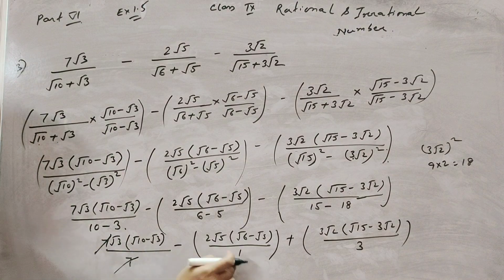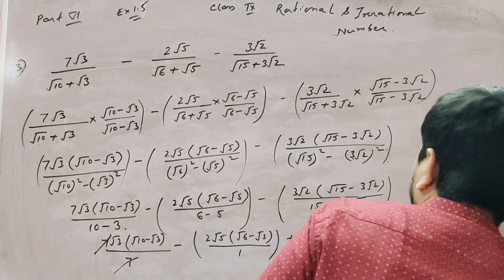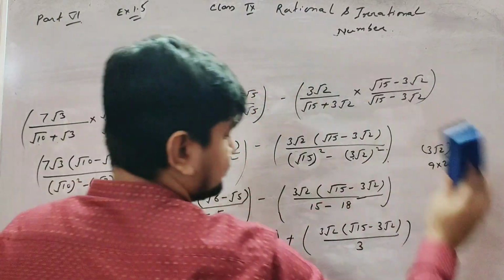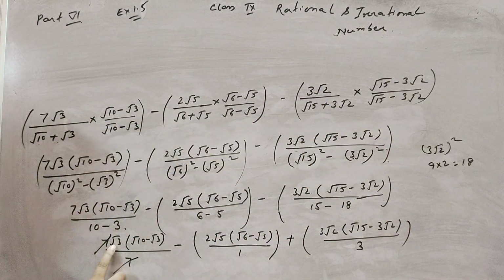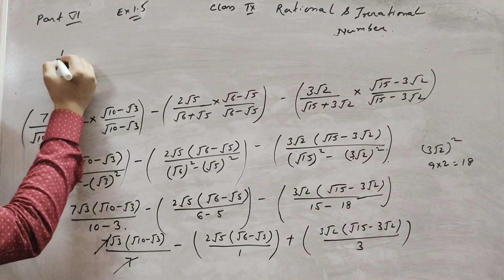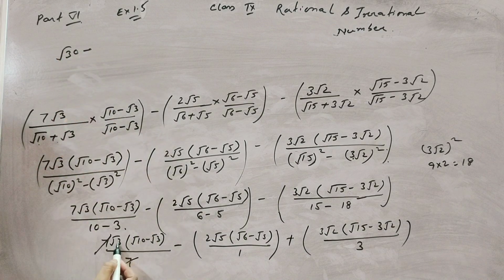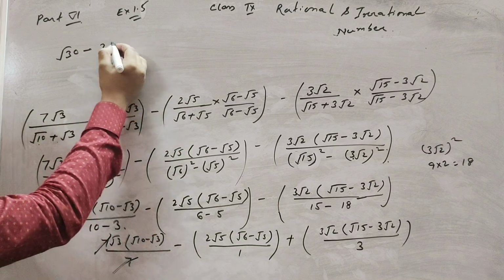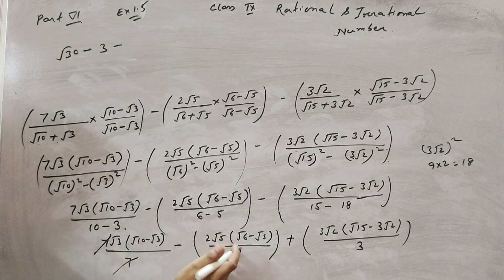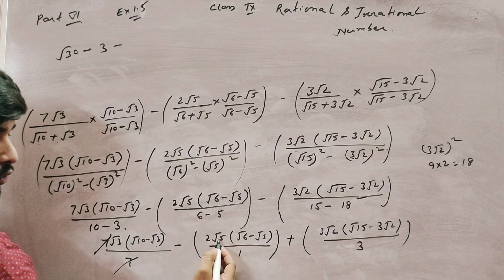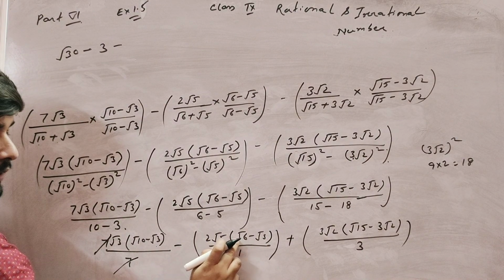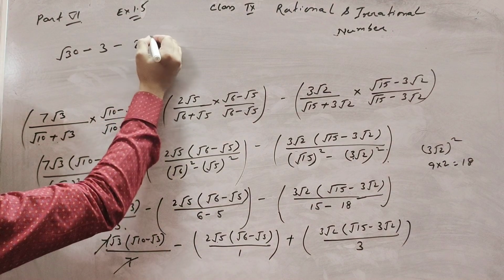7 divided by 7, 1. Divided this one, 7. So I need a space. Erase the first line. You see root 3 into root 10, that is root 30, minus root 3 into 3, it's 3. Minus 2 root 5 into root 6, 2 is 2, root 5 into root 6 that is root 30, root 30 into 2, that is 2 root 30.